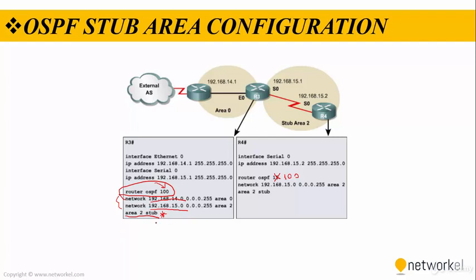Whenever we type this, the neighborhood between router 3 and router 4 is down, unless we configure the OSPF stub flag on router 4. And to configure the OSPF stub on router 4, we are typing the same thing. We just type area, the area number, and stub, and that's it.